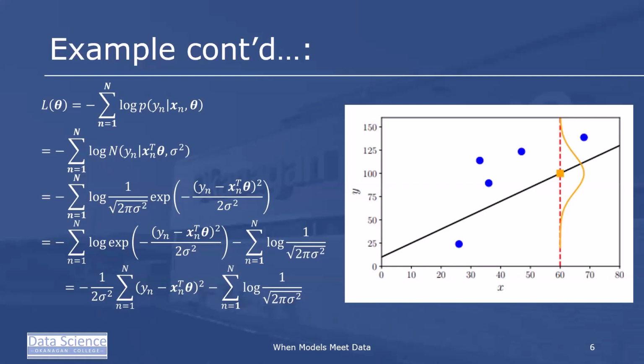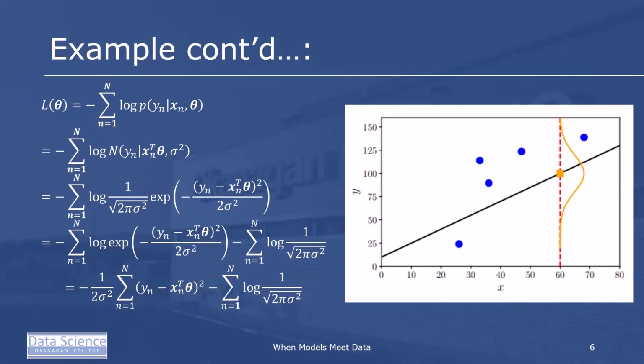In turn, this is equal to negative the sum of the log of 1 over the root of 2 pi sigma squared times e to the negative yn minus xn transpose theta squared over 2 sigma squared. Breaking up the product inside the log, we get negative the sum of the log of e to the negative yn minus xn transpose theta squared over 2 sigma squared, minus the sum of the log of 1 over root 2 pi sigma squared.